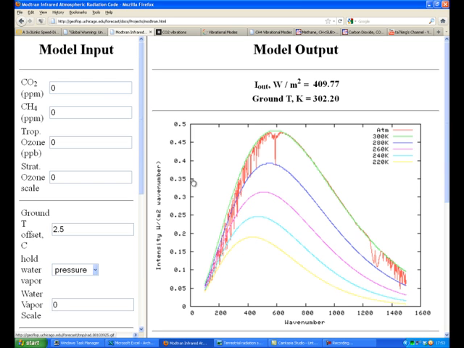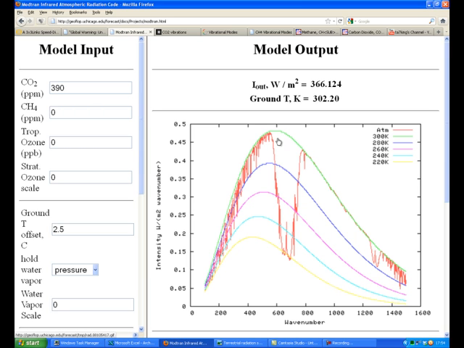So we know today that the concentration of CO2 in the atmosphere is 390 parts per million. Let's enter that figure and wait for the graph to react. Okay, very interesting. We can see at this frequency here, about 700 centimeters, the rate of flow of energy leaving planet Earth has reduced.